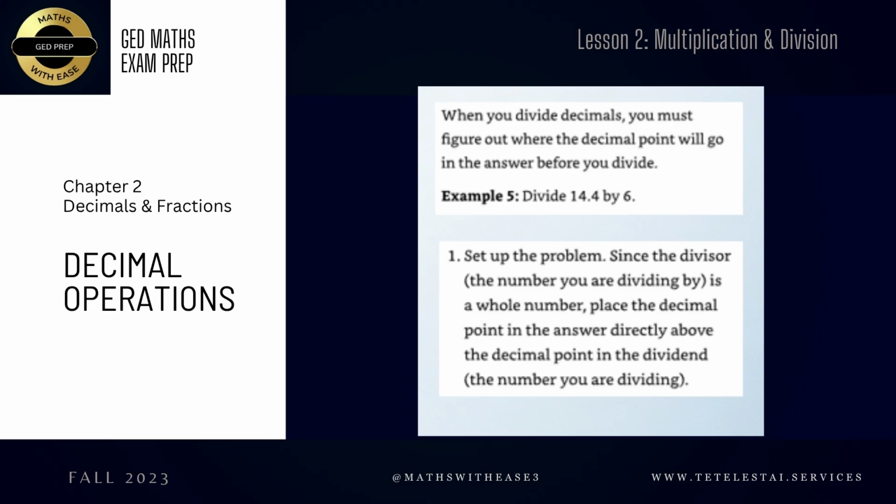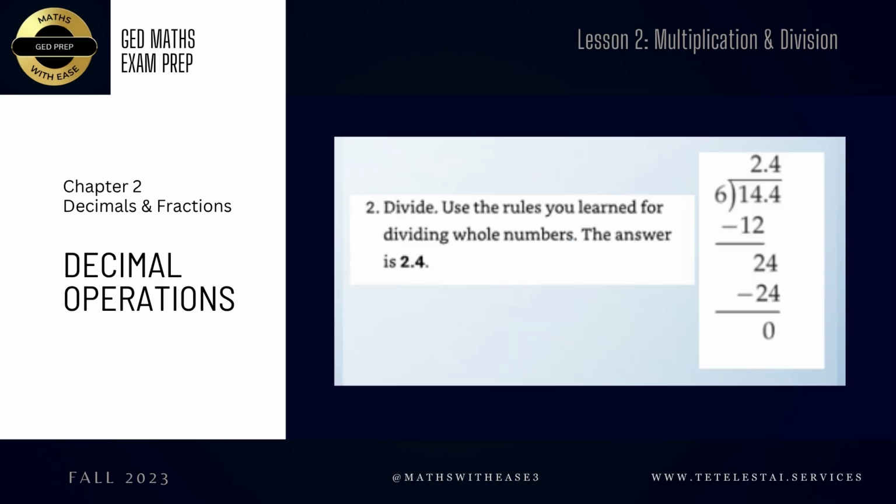So you would place the decimal point in your answer directly above the decimal point in the dividend, or the number that you're dividing, which in this case is 14.4. So start by placing your decimal point here, and then proceed with the rules for division.